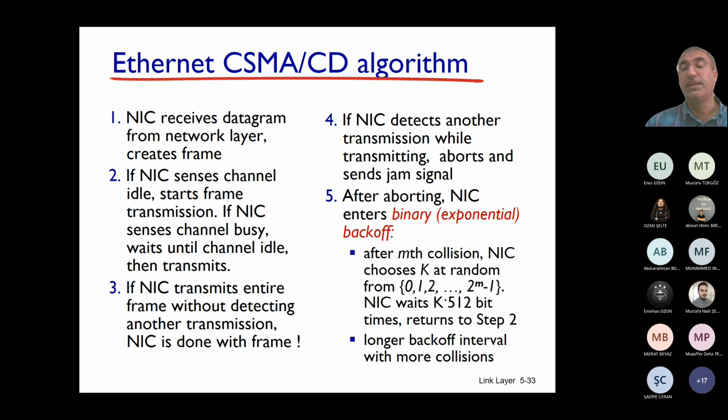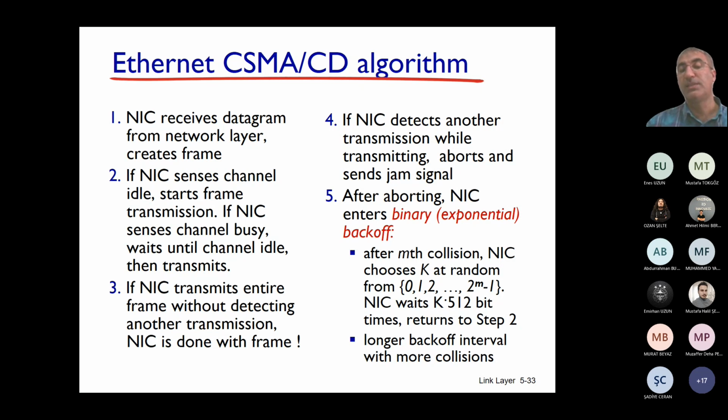Now we are ready to transmit, but the NIC is going to listen to the channel. If the NIC senses the channel is idle, it starts frame transmission. But if the NIC senses the channel is busy, then it waits until the channel becomes idle, then transmits. So assume that the channel is now idle.